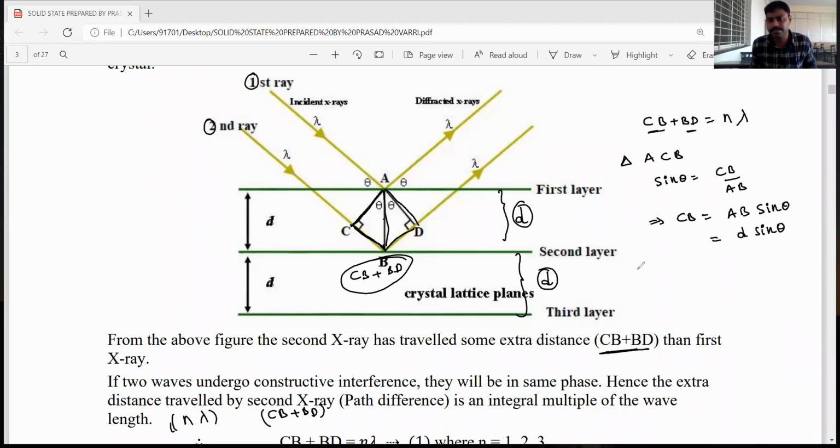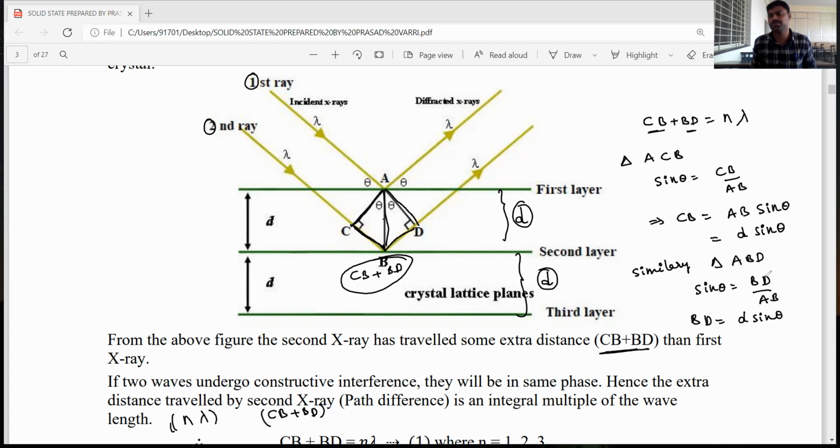Similarly, in triangle ABD, sine theta equals BD by AB, and AB equals d. Therefore, BD equals d sine theta.